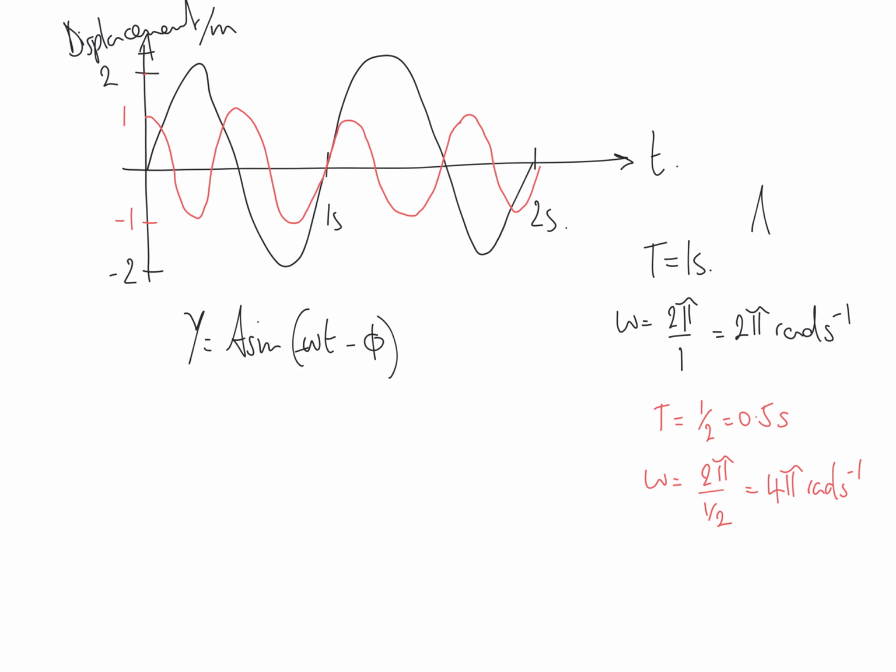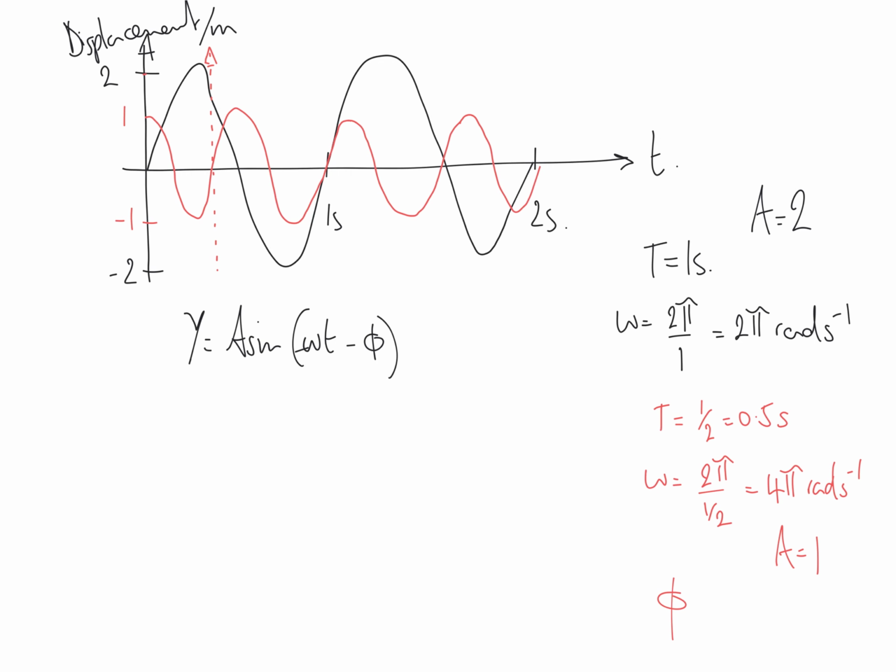What about the amplitude? It is going to be 2, and the amplitude here is going to be 1. What's the shift required in order to make this look like the original sine wave? Well, I need to go to that point there in order to make it look like the original.